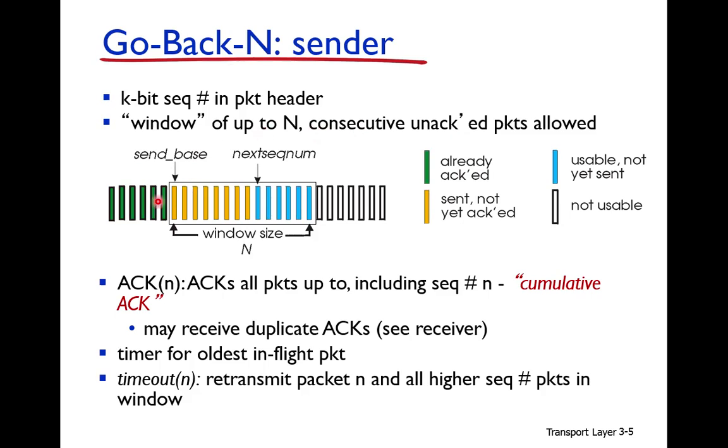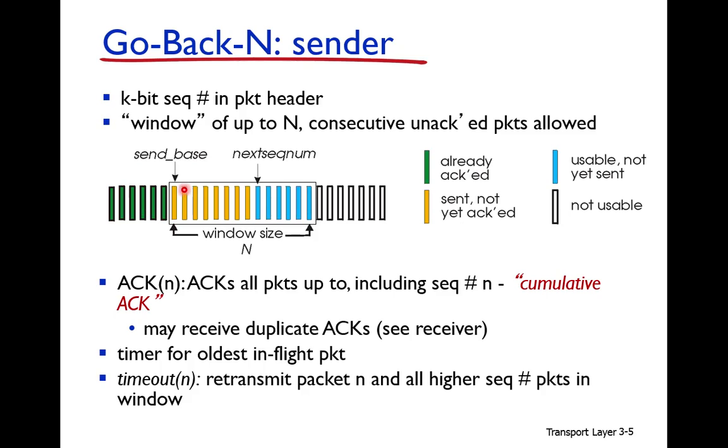Now suppose that among these packets received from the application layer, the green ones are the packets that are sent and their acknowledgement is received. The green ones mean already acknowledged. What does it mean? That these packets are correctly delivered to the receiver.